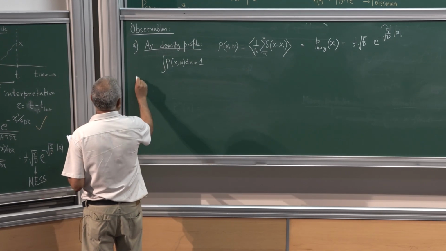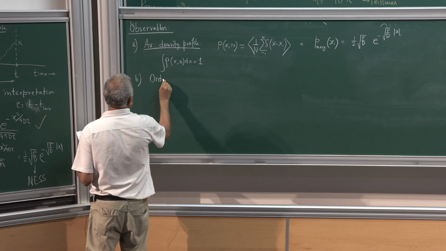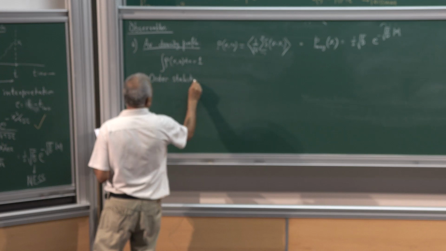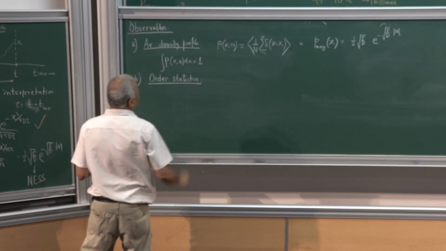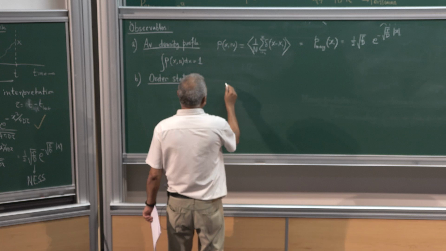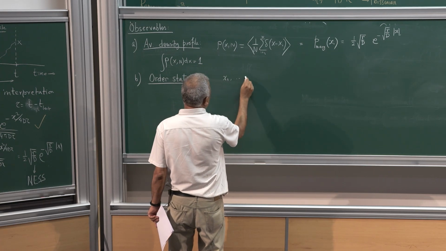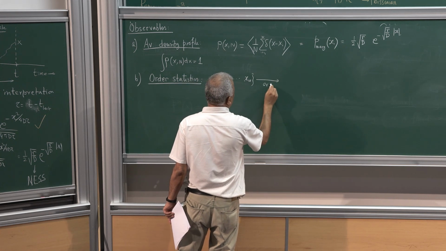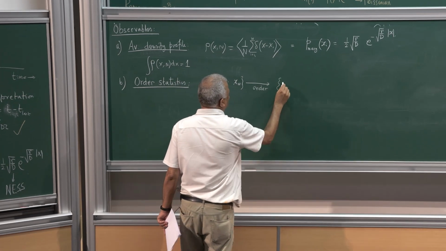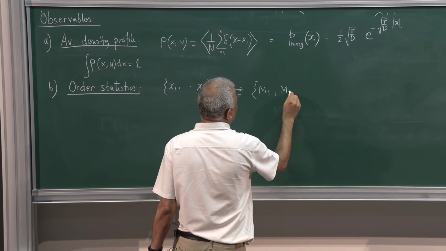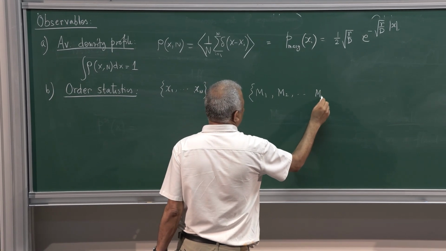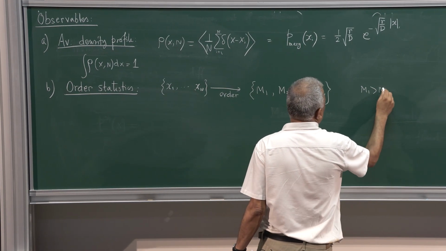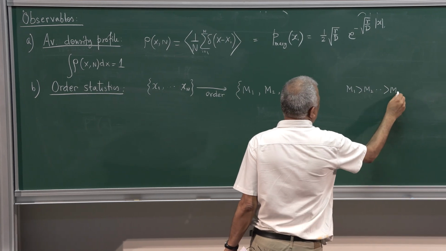So this is very simple to calculate, the average density, and next I want to calculate the order statistics. Which means basically I order these particle positions so that M1, M2, etc. are the same particle positions, but M1 is bigger than M2.